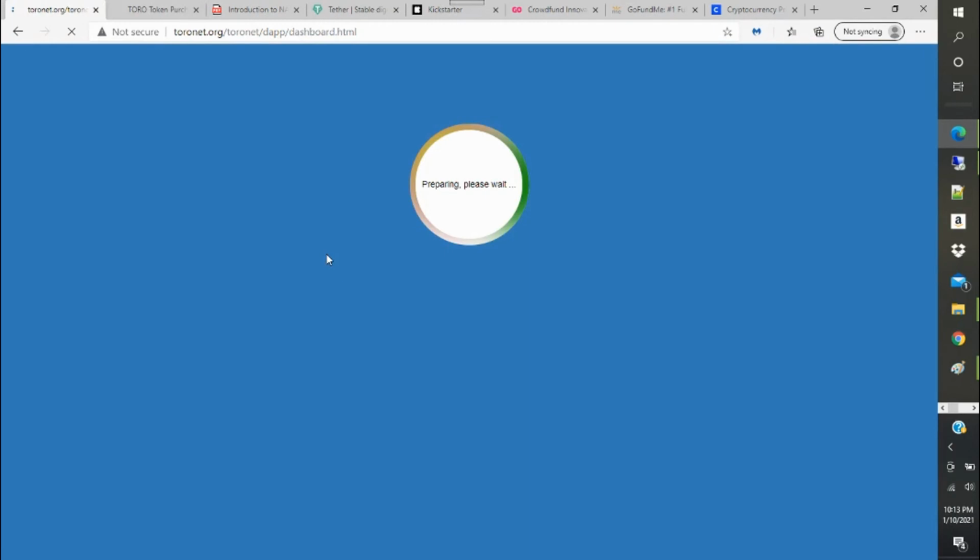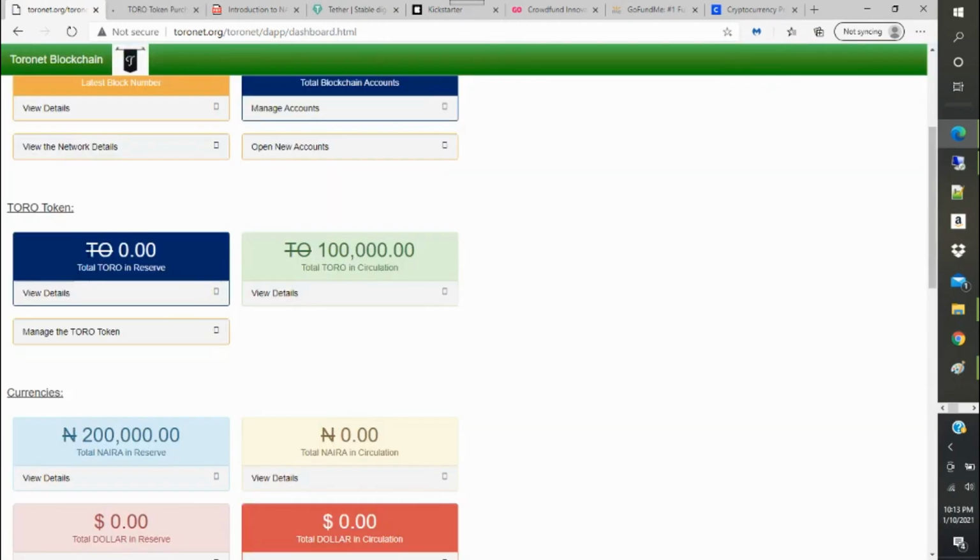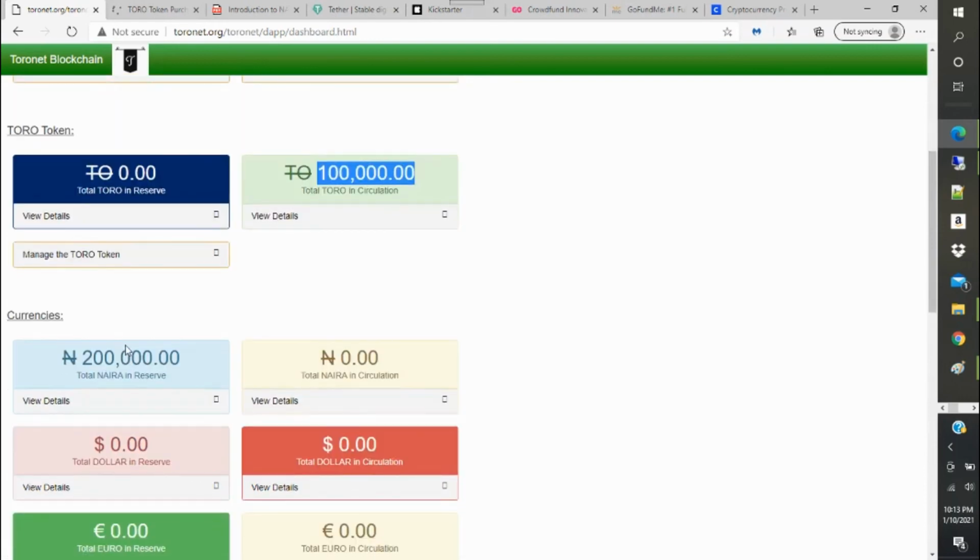Okay, so now the reserve no longer has Toros, because the reserve had 100,000 Toros, but a customer came in and bought everything, and so now there are 100,000 Toros in circulation, meaning they're in customer accounts. Now the reserve has 200,000 Naira again, because the customer's 100,000 Naira has been deposited in the reserve in exchange for the reserve selling that amount of Toros to the customer.